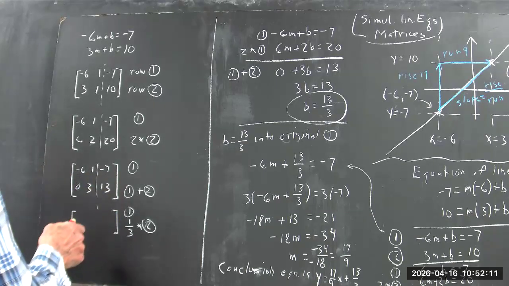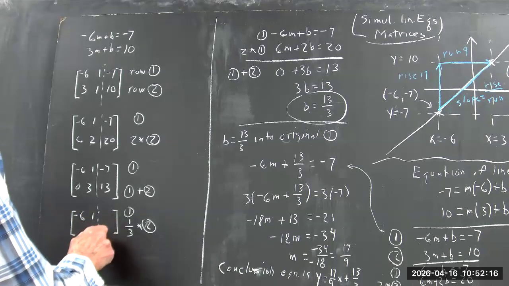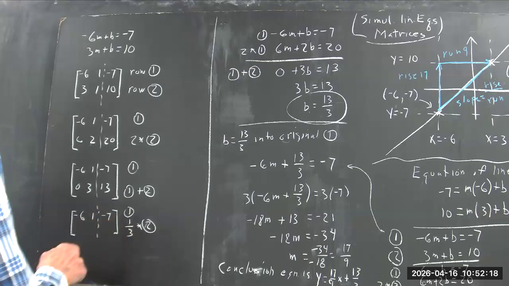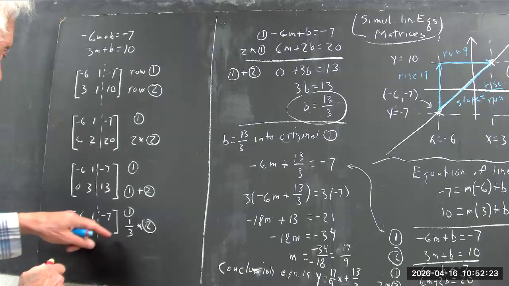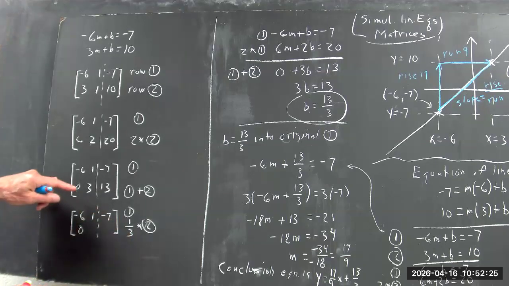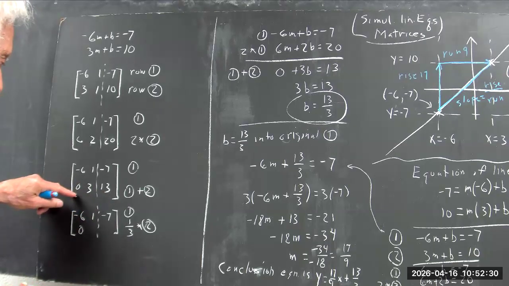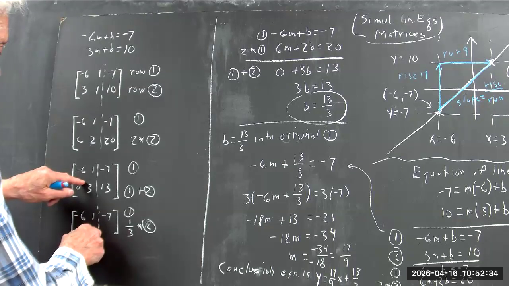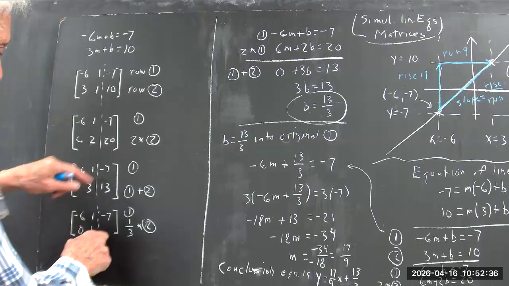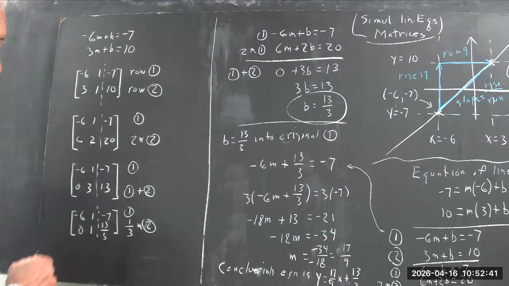I'm not messing with the first row. That's still negative 6, 1, negative 7. In the second row, I'm taking 1/3 of each of the numbers, 0, 3, 13. 1/3 of 0 is 0, and I write that down. 1/3 of 3 is 1, and I write that down in my new matrix. 1/3 of 13 is 13/3, and I write that down too.